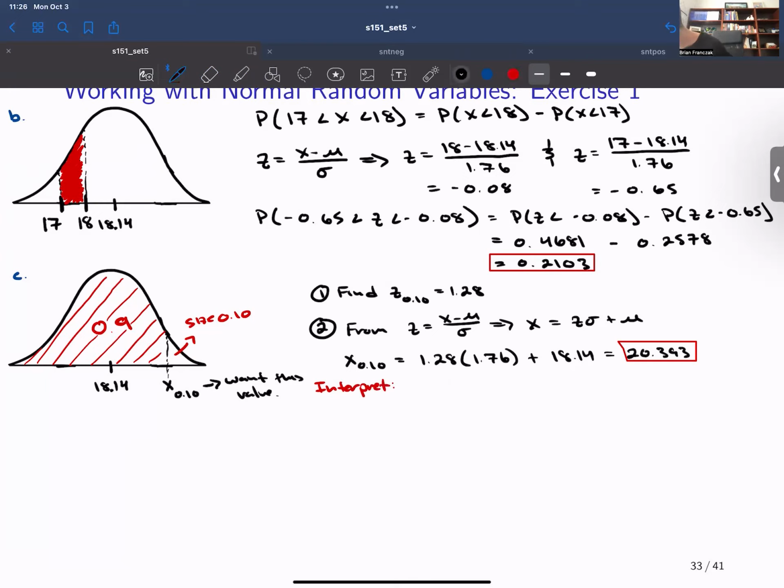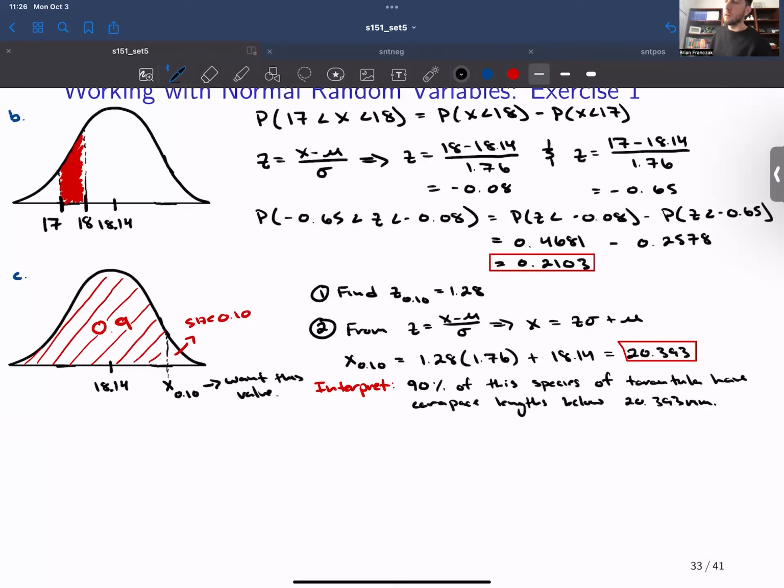So we can say 90% of this species of tarantula have carapace length below 20.393 millimeters.